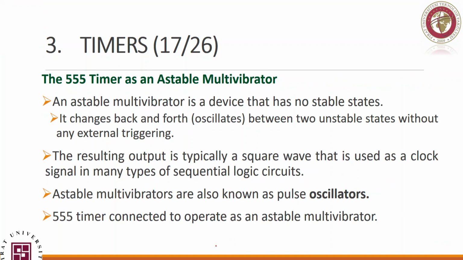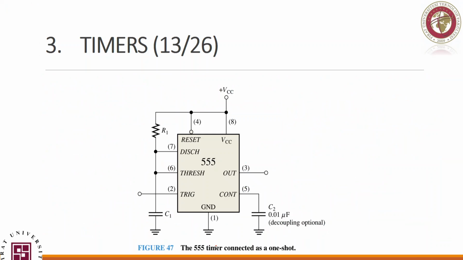Let's take the other example, the 555 timer as astable, as an oscillator. Astable means it goes from one state to another and never has a stable state. It's always unstable. It keeps on oscillating or bouncing. We don't have any external trigger. Before, we had an external trigger.